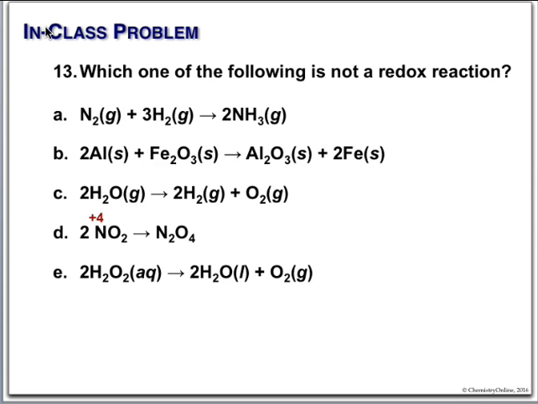Over here, oxygen is still going to be -2. We have 4 of them, so that's 8 negatives, but we have 2 nitrogens. If we have 8 negatives, the nitrogen is +4. So this is not redox because the oxidation numbers don't change. Isn't that cute?